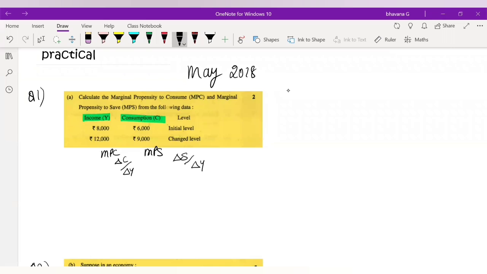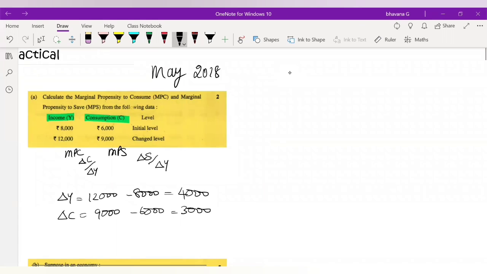Now first we'll find out the change in income. Your change in income will be 12,000 minus 8,000. That means your change in income is 4,000. Now we'll find the change in consumption. Your change in consumption is 9,000 minus 6,000, which is 3,000.